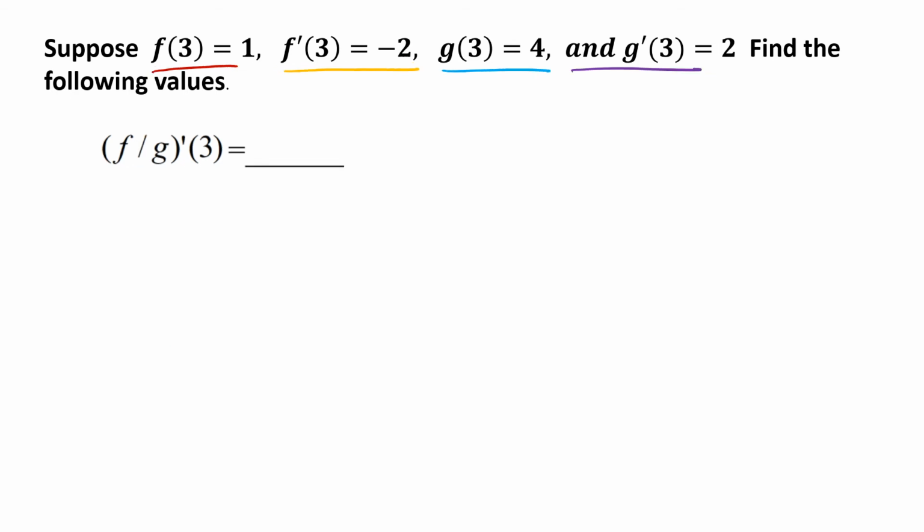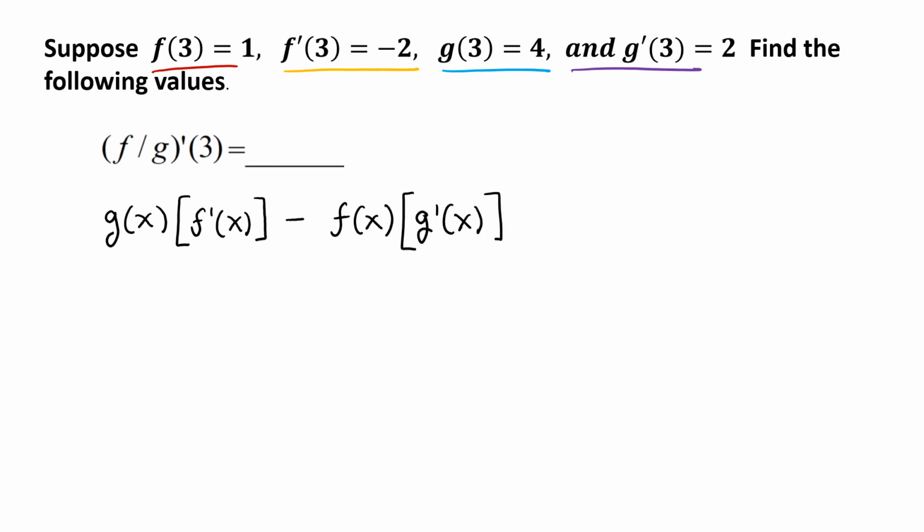Now to find f over g prime of 3, so that's finding the derivative of f of x over g of x, so we have a quotient rule here. So we have low, so that's g of x, d high, f prime of x, minus high, which is f of x, d low, so the derivative of g of x, all over low low, so all over g of x all squared.